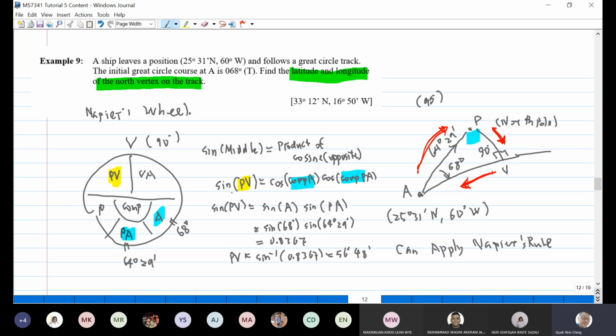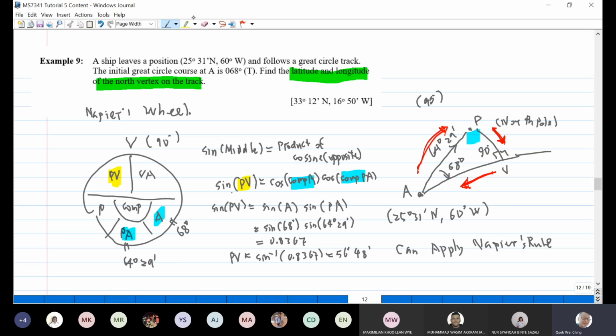First of all, how come we only get one answer? Normally you can try another possibility, PV is 180 minus this value, but we don't need that one because PV is definitely nearest to the North Pole. Nearest means the shorter distance. The other distance will be too large already. On the diagram, 90 degrees corresponds to 64 degrees 29 minutes.